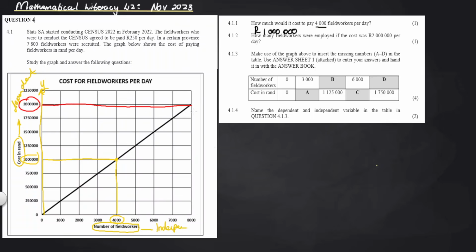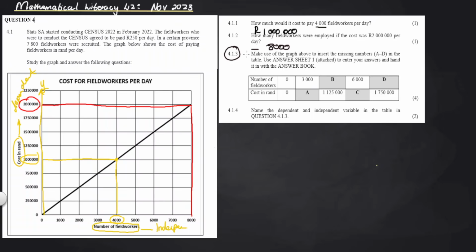We can see that it goes all the way to the end of the graph. That means we'll have to employ how many people? 8,000. Not 8,000 Rand, but the number of people, so 8,000 people need to be employed.